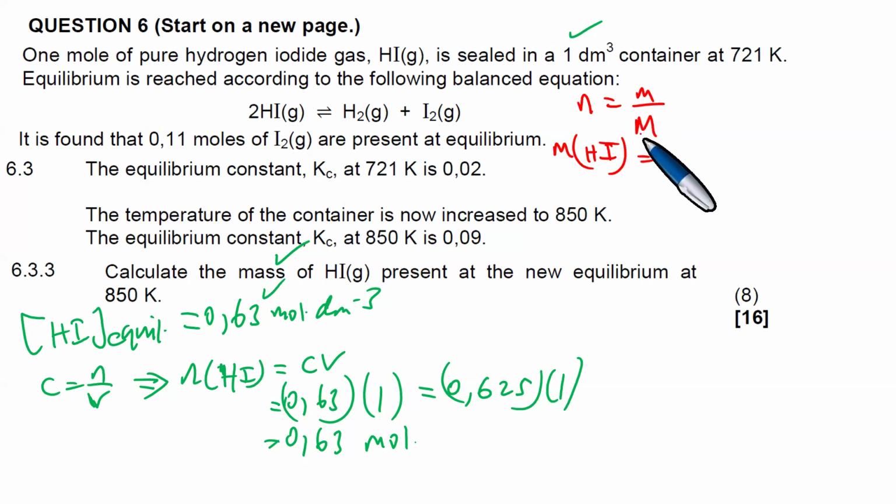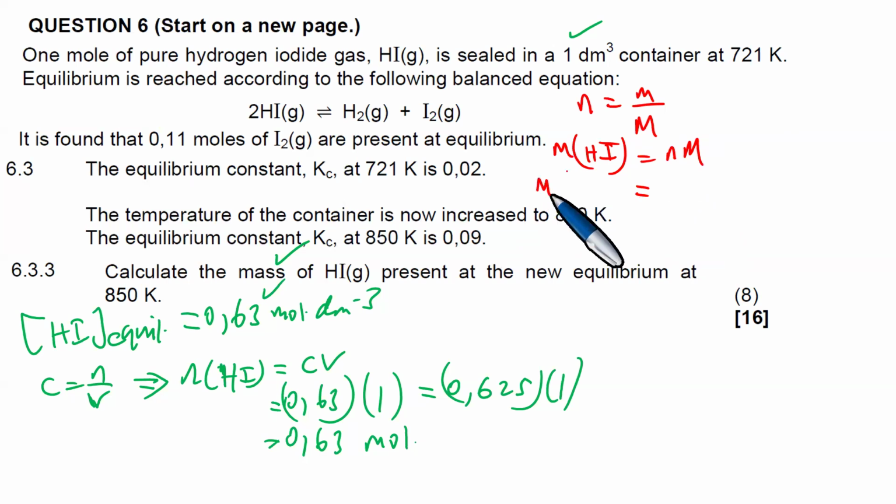Okay, cross multiply here. The mass of hydrogen iodide is the number of moles times the molar mass.